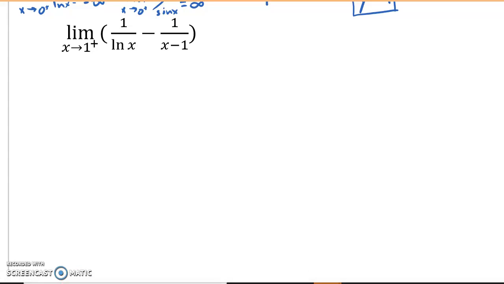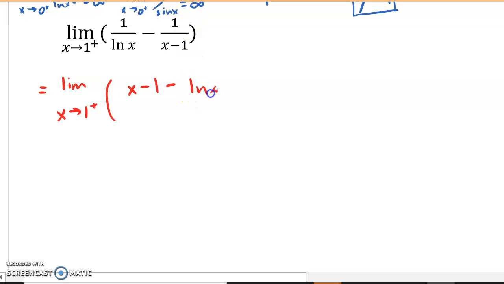All right, so subtracting fractions means getting a common denominator. That part doesn't change, but we'll go ahead and get a common denominator, which basically means we're going to multiply by x minus 1 over x minus 1 in the first fraction. We're going to multiply by natural log of x over natural log of x in the second fraction. And then we'll have our common denominator like that.